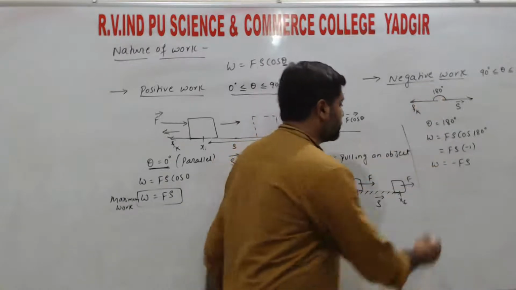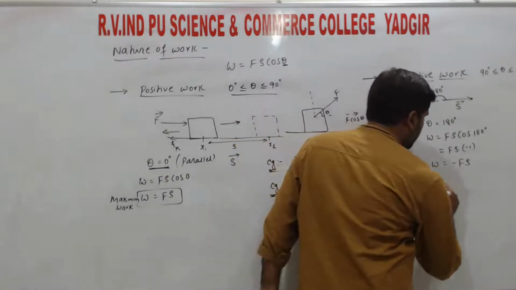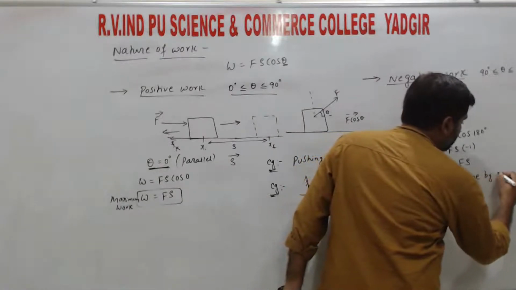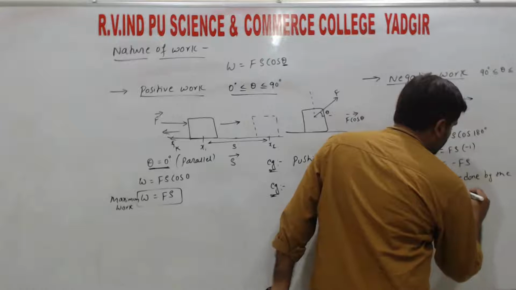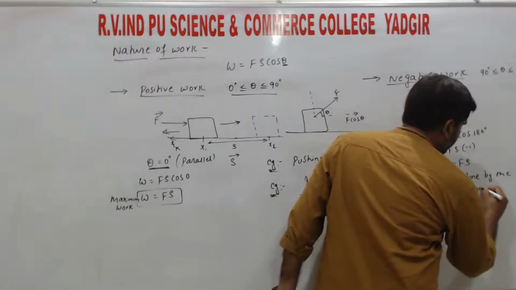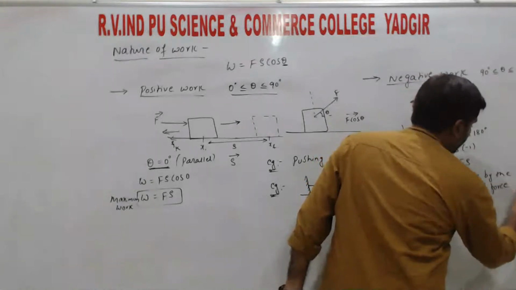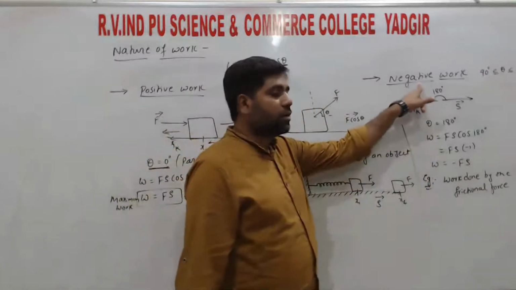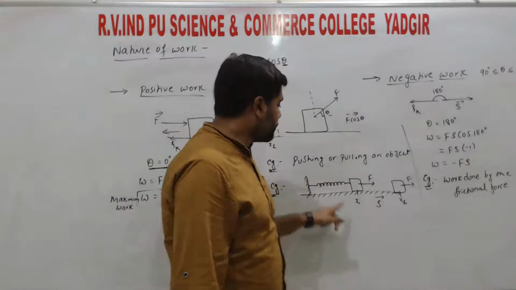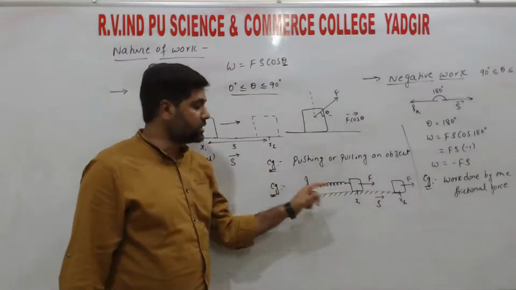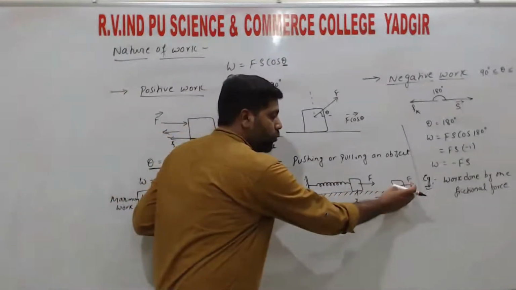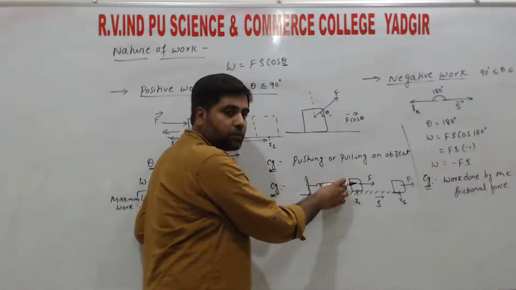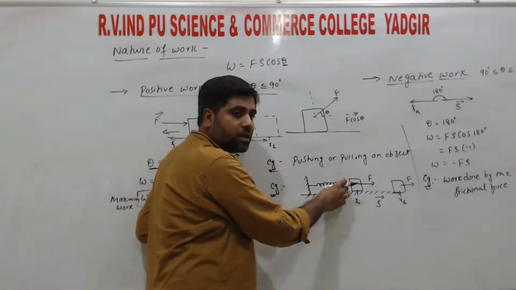The best example for this is work done by the frictional force. Work done by the frictional force is always negative, right? Here also, consider the same example: we are pulling the object, so there is some force restored in the spring, that force we call the restoring force.